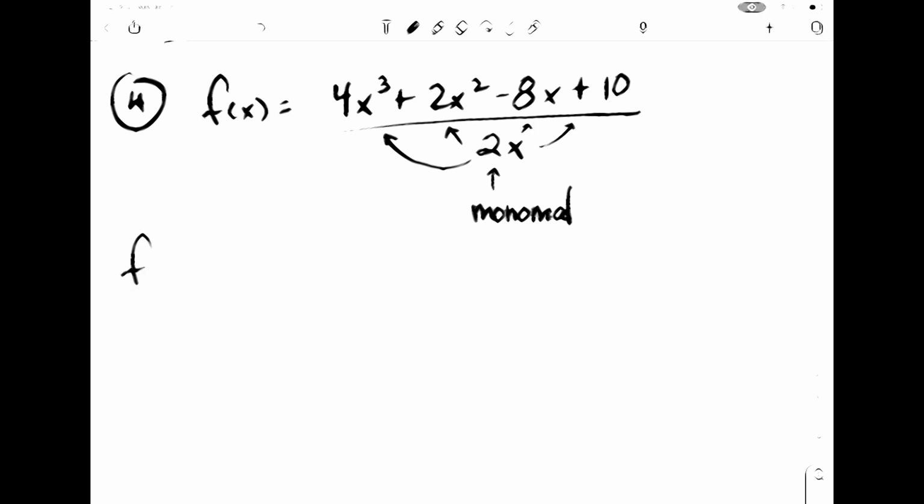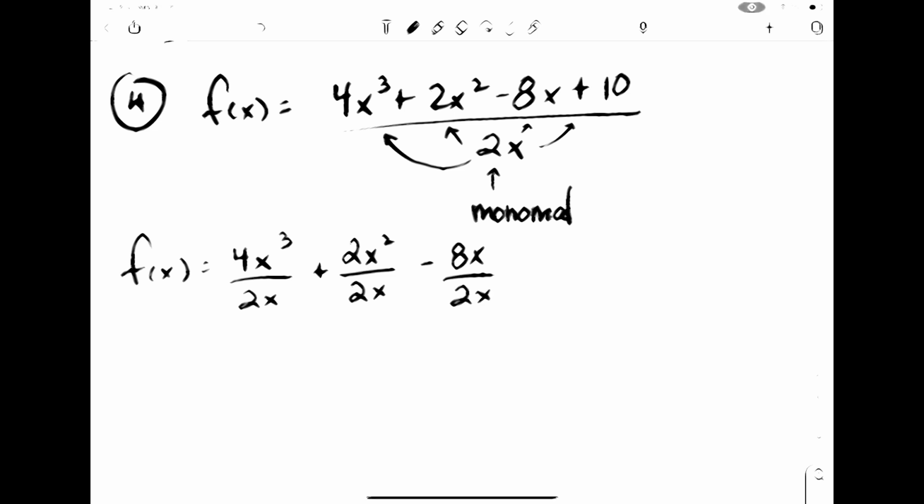So I could write this as f of x equals 4x cubed divided by 2x plus 2x squared divided by 2x minus 8x divided by 2x plus 10 divided by 2x. And then I have to remember if I have a to the n divided by a to the m, this is a to the numerator minus denominator exponent.